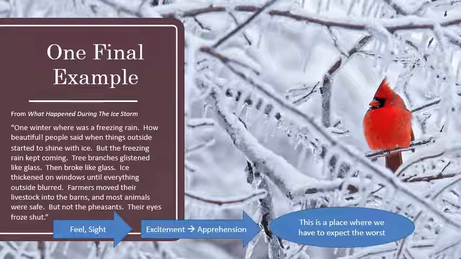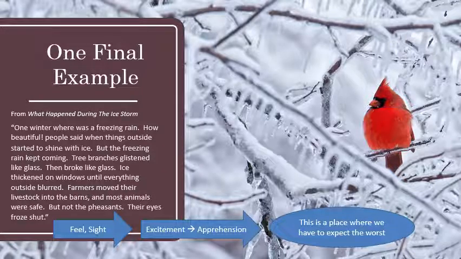We can't just say, ooh, that's really pretty, but we also have to recognize that it's something that could be dangerous to us. That despite beauty, there's also a sense of danger is really important, and we really pick up on that throughout. And what I'd like you to notice is that it's a bit of a journey, right?